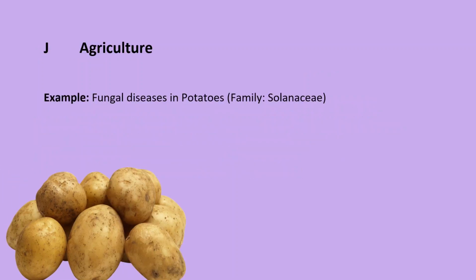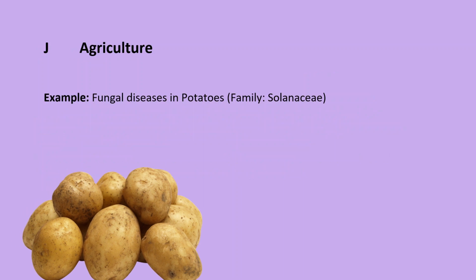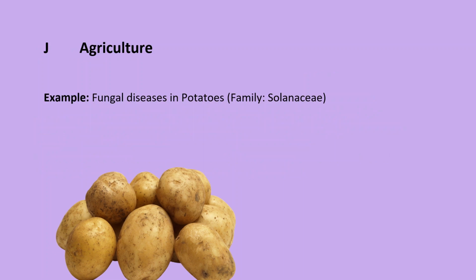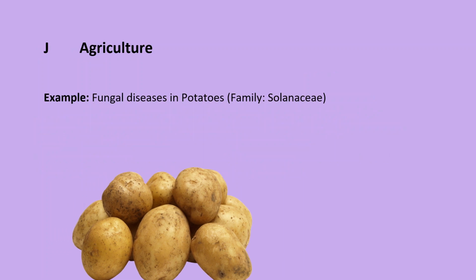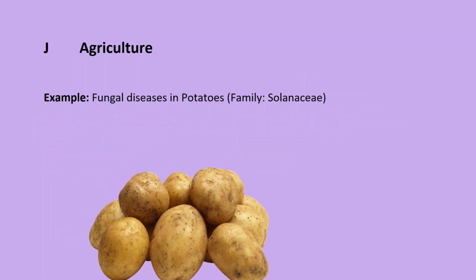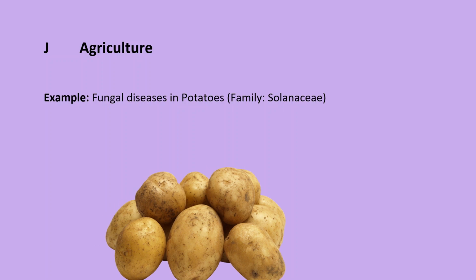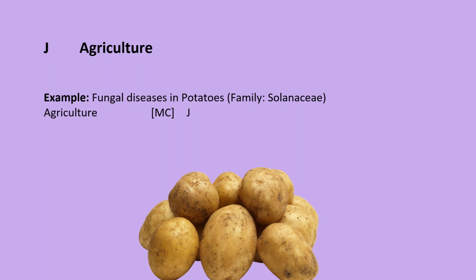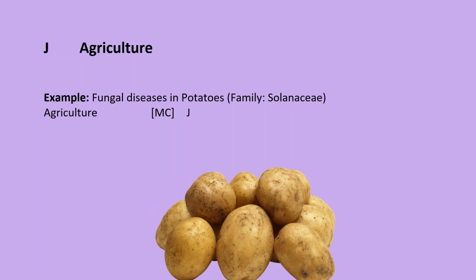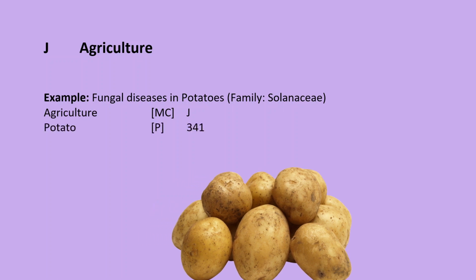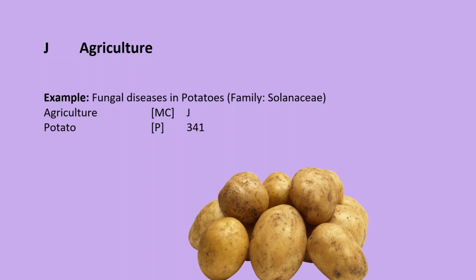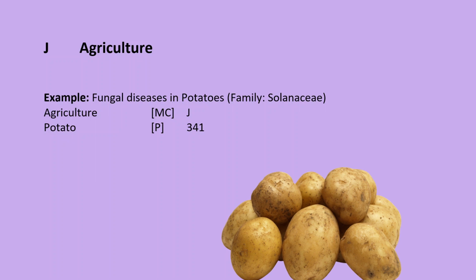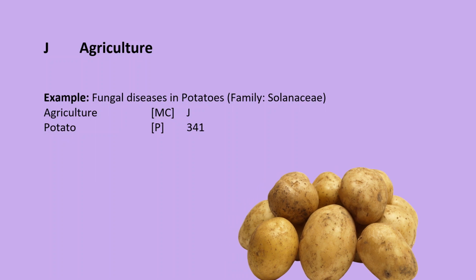Here we present an example, fungal diseases in potatoes. For potato, the standard term is Solanaceae, that is the botanical term. So here we go to the main class agriculture and we get from the personality facet the notation for Solanaceae, that is potato, and it is 341.